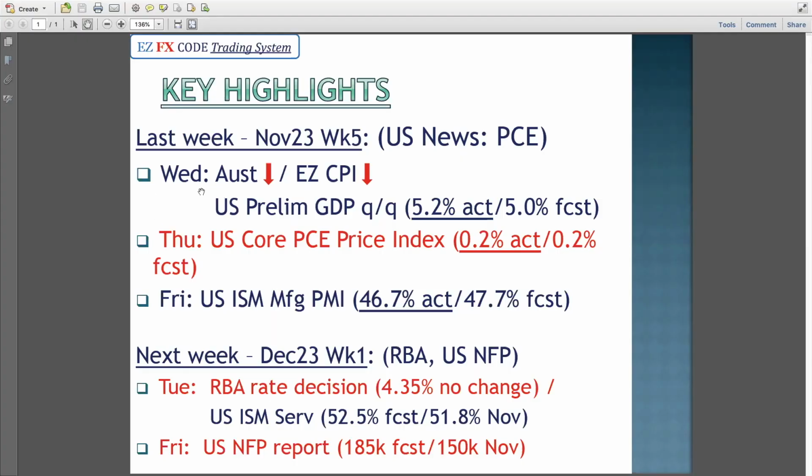Last week for the Australian and Eurozone CPI data, both economies came in with lower than expected figures, raising hopes, at least for the short term, that the RBA may just pause and hold rates steady after their previous hike last month.